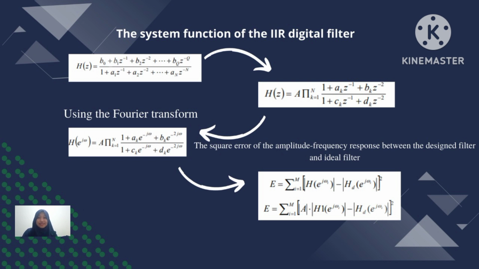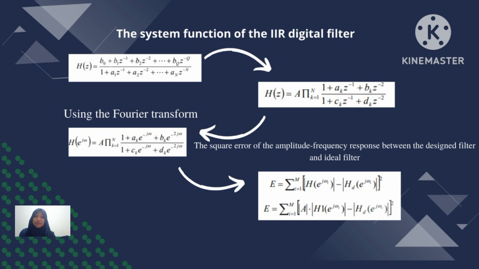If Formula 1 is used to design the IIR filter, the number of target parameters that need to be optimized is Q plus N plus 1, and the value range of the parameters is uncertain. And then, when N is the number of second order nodes, A is the gain, and A_k, B_k, C_k, D_k are the parameters to be optimized.